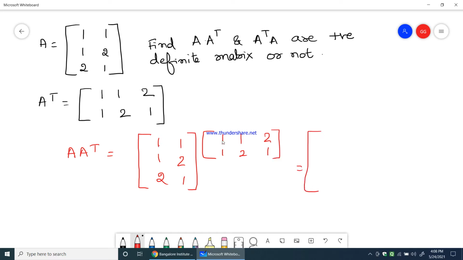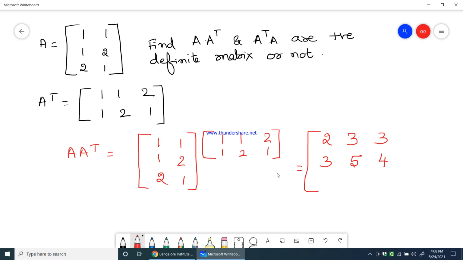Here 1 into 1 plus 1 into 1 gives 2. 1 into 1 plus 2 into 1, 1 plus 2, is 3. 1 into 2 plus 1 into 1 is again 3. 1 into 1 plus 2 into 1 is 3. 1 into 1 plus 2 into 2 is 1 plus 4, which is 5. 1 into 2 is 2 plus 2 into 1 is 2, which is 4.